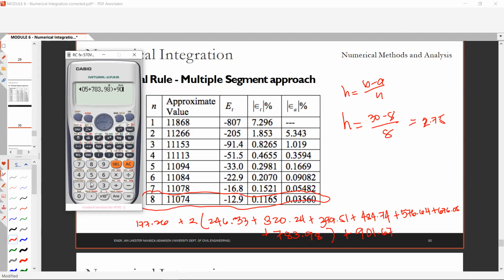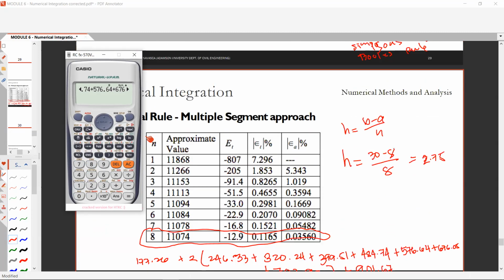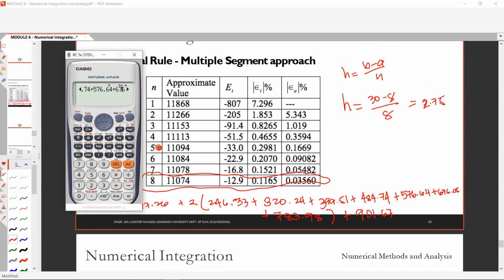So 901.67. I hope tama. Okay, hindi pa pala ako nag-multiply ng h over 2 sa labas.